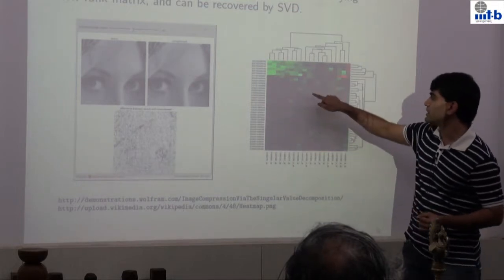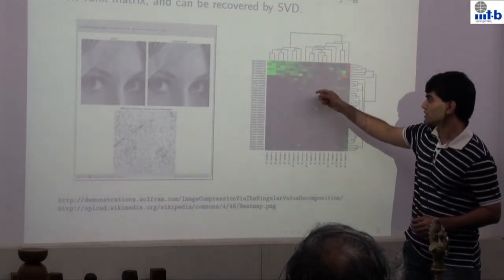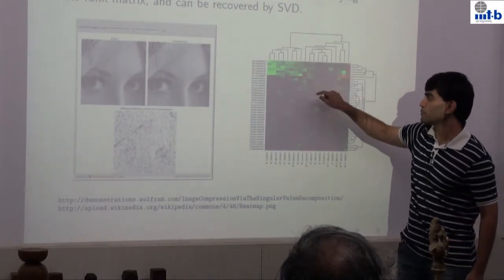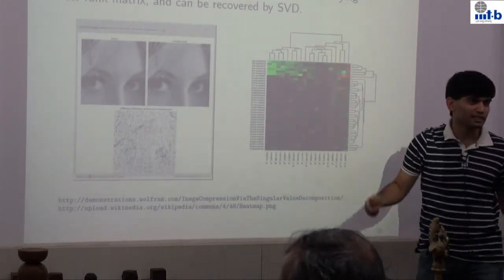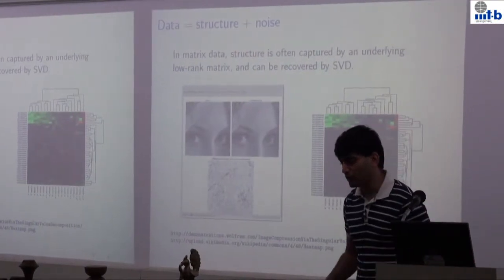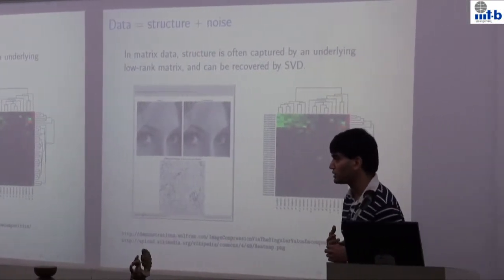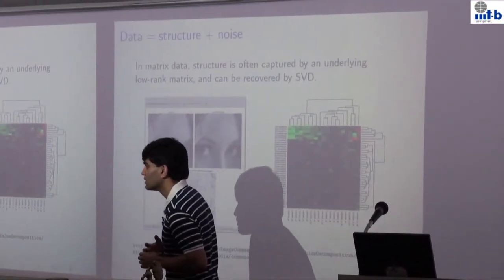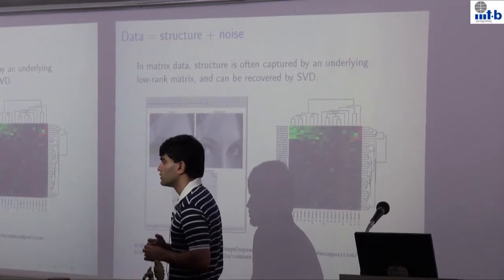So the ijth entry here, in terms of its color, will tell you how much the jth gene is represented in the ith patient's DNA. And based on that, what people want to find out is... each gene is supposed to be there only once in a DNA, or it can be 10 times in different places? No, once.